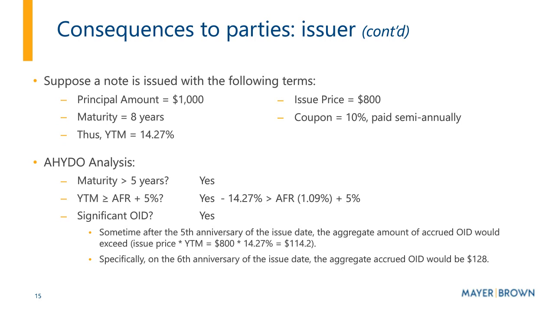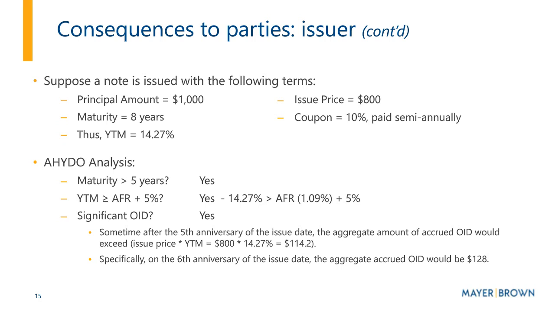And then, does it have significant OID? The answer is yes. We won't go into the details of exactly how we calculated that, but essentially the amount of OID that was deferred during the first 5 years exceeds 1 year's worth of interest on the instrument. And so, as you can see, AHYDO is not favorable.